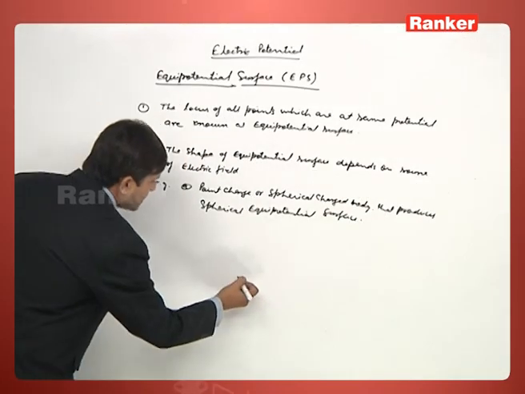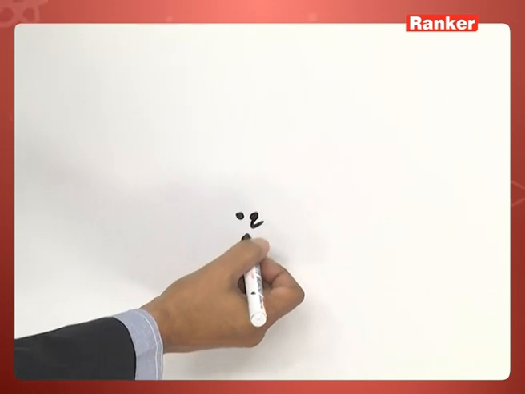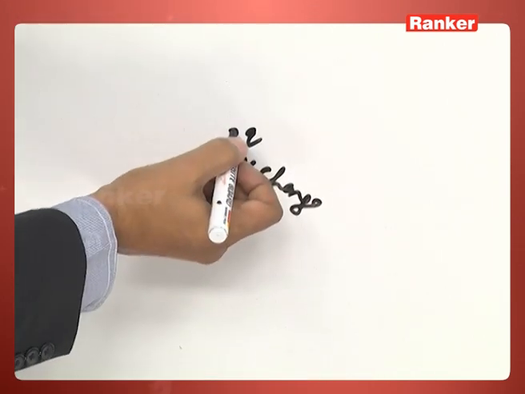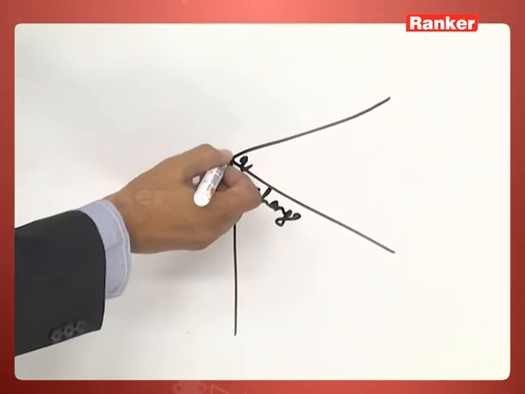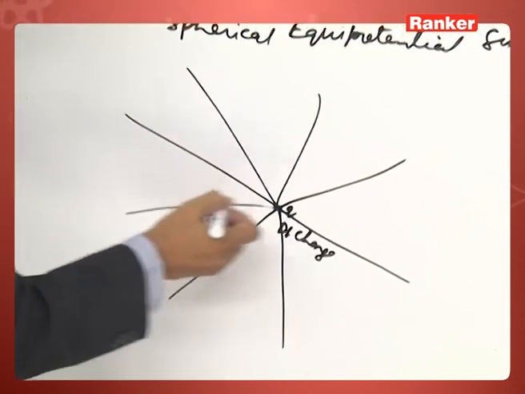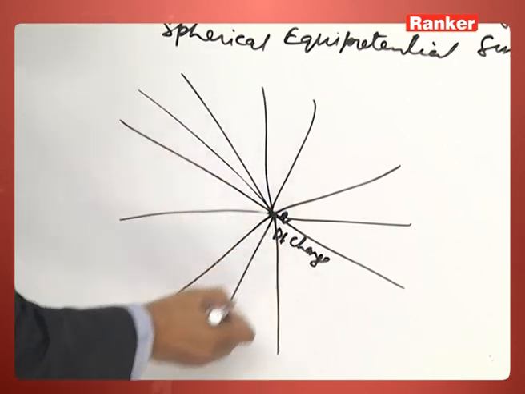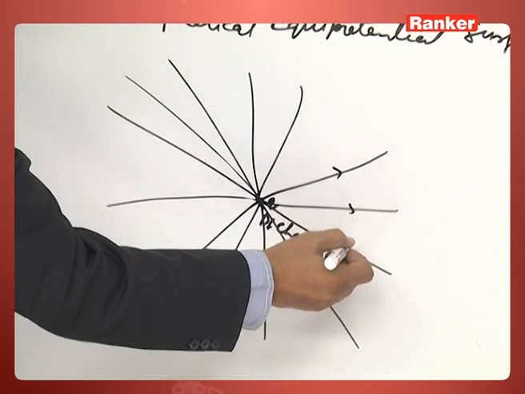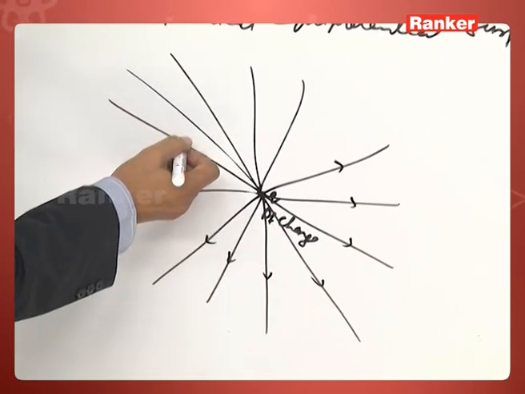Likewise, let this be your point charge having charge Q. As we have read earlier, the lines of force due to a point charge are radially outward like this. So this is the direction of electric field lines.